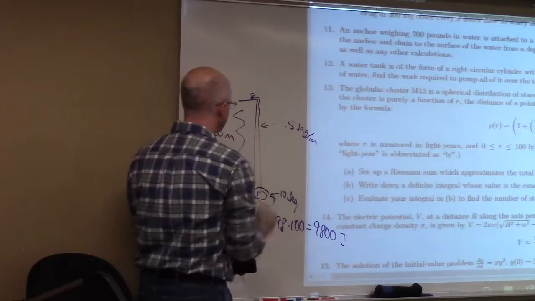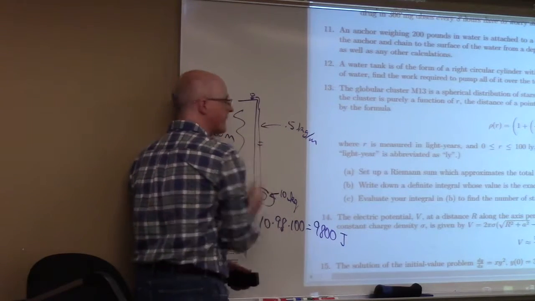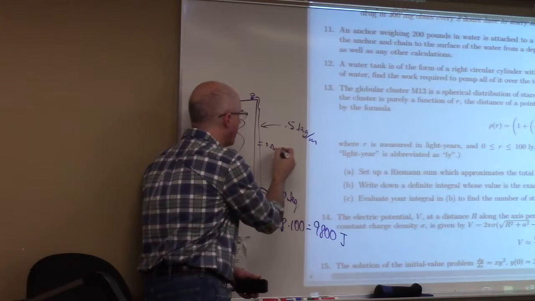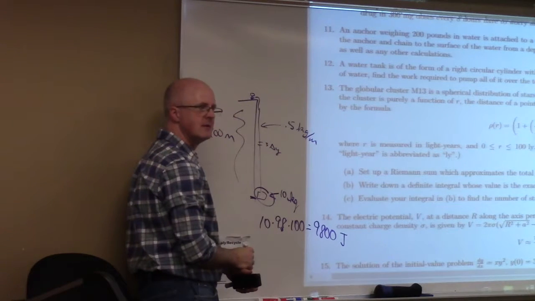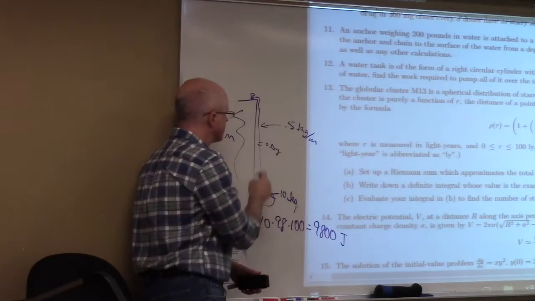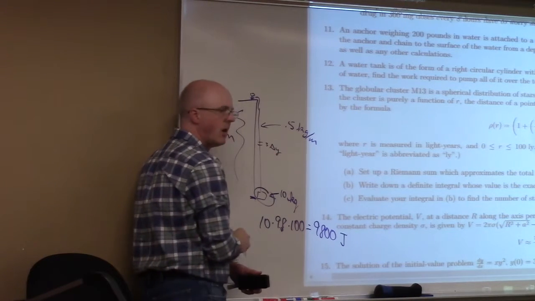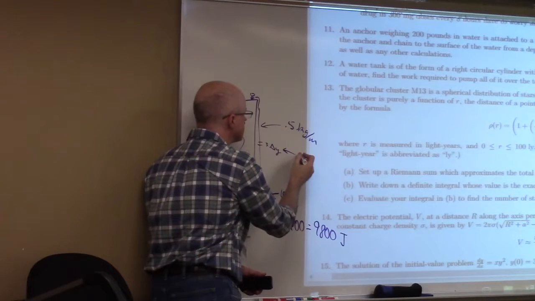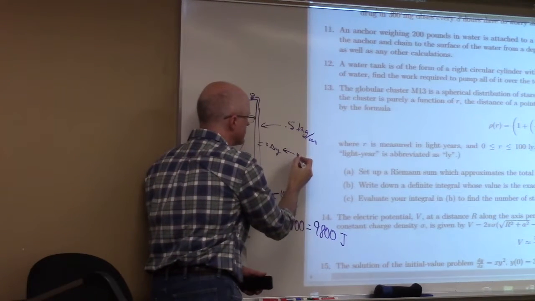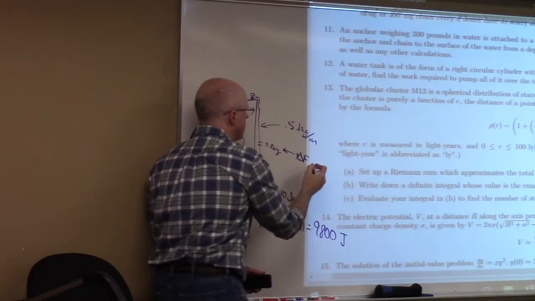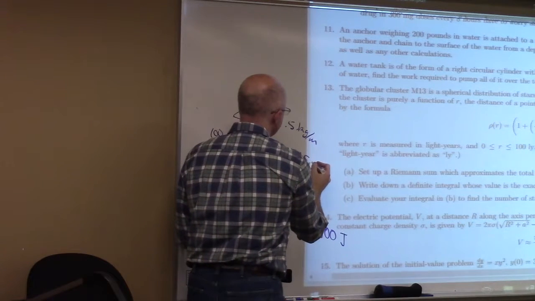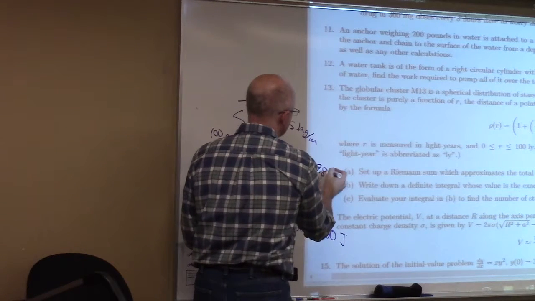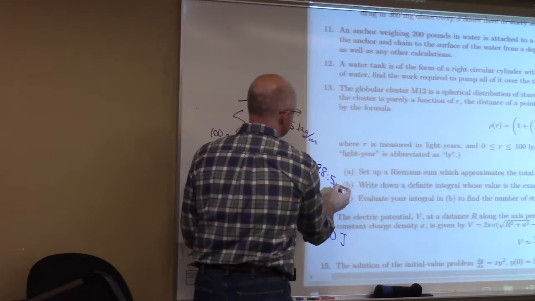As far as the rope or the chain, you've got to imagine breaking it up into small pieces, say of height delta y. That's its height or length of that small piece. The weight of that small piece, which would be a force, you could call delta F, would be approximately, or exactly actually in this case, 9.8 times 0.5 times delta y.